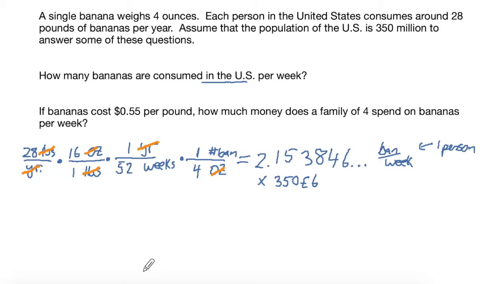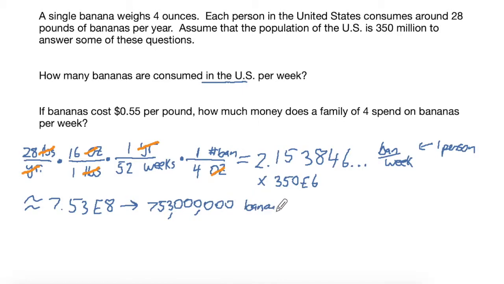And we get approximately 7.53 E8. Now if we change that into regular notation, that would be 753 million bananas per week.